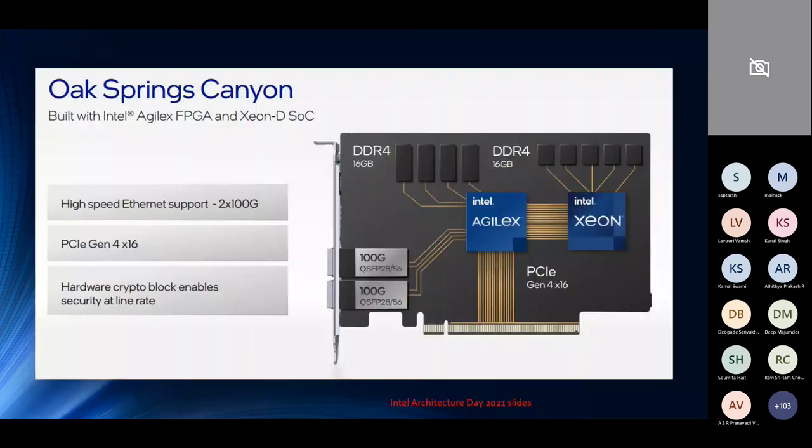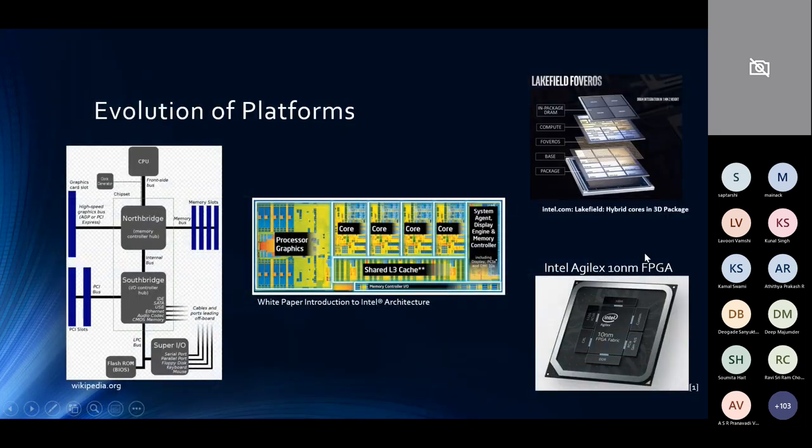So where we use this, this is not necessarily an example for that. What we do is, if you see this Intel Agilex platform here, the central die is an Intel FPGA die. Along with that, you have a DDR interface, a high bandwidth memory interface.